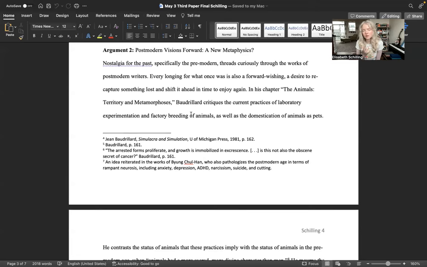And so the sacred and the pathological called forth my attention. So anyway, the second argument, I called it Postmodern Visions Forward and New Metaphysics, because it's not necessarily anti-materialist.